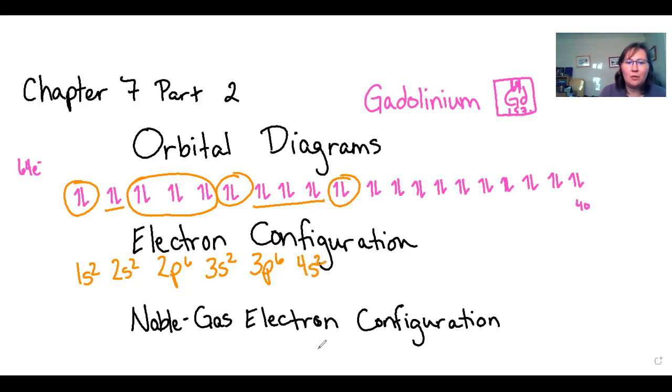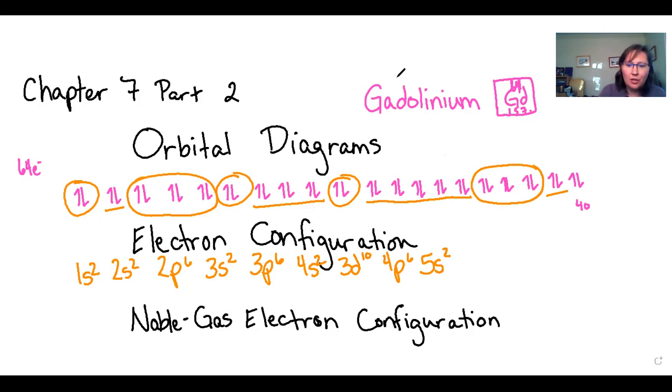I'm just circling these in a way that denotes them; there's nothing specific whether they're circled or underlined. After 4s2, we have 3d10 right here, okay? And then we would have 4p6, and then after 4p6, we would have 5s2, okay?